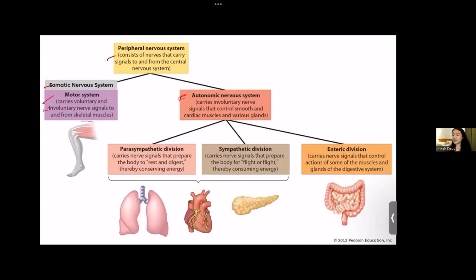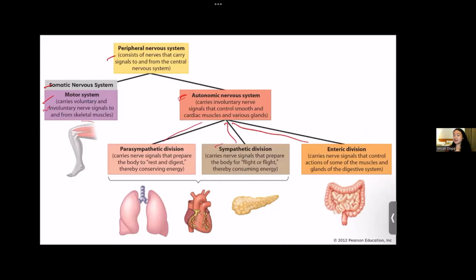Okay, and you can further subdivide your autonomic nervous system into the following. You have your parasympathetic division. So this prepares your body for your rest and digest. All right, your rest and digest phase in which we are conserving energy sa body natin.